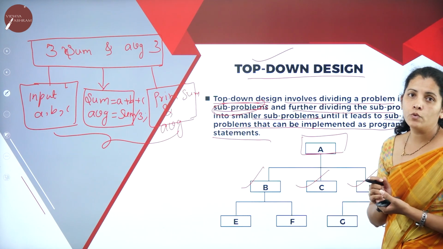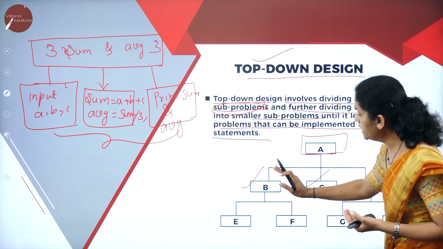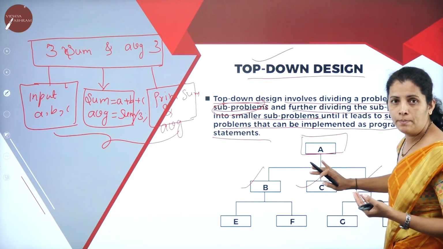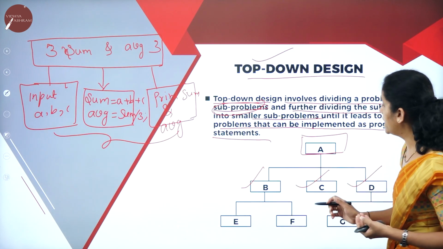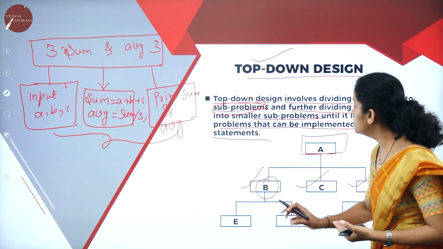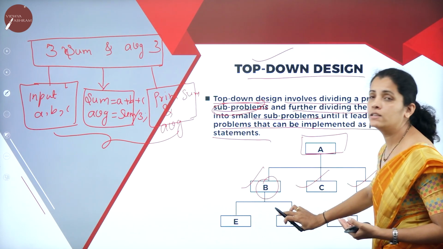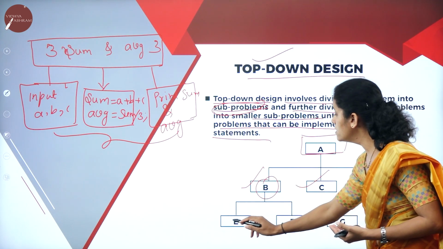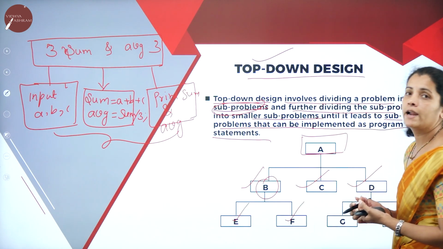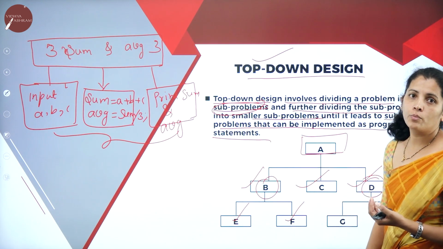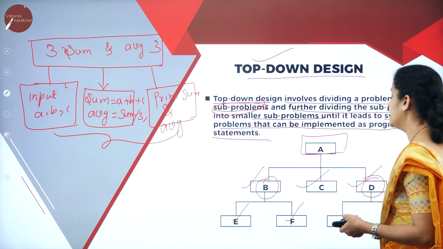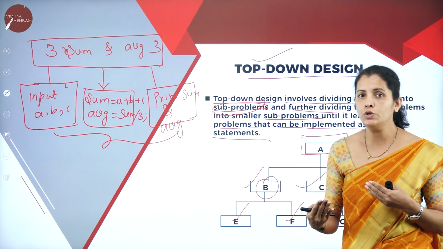Once again, I'm going to split these three sub problems into one more sub problem. That is, I'm going to split this B into two different sub problems, E and F. And once again, I'm going to split this D subproblem into G and H, and I'm going to find the solution.